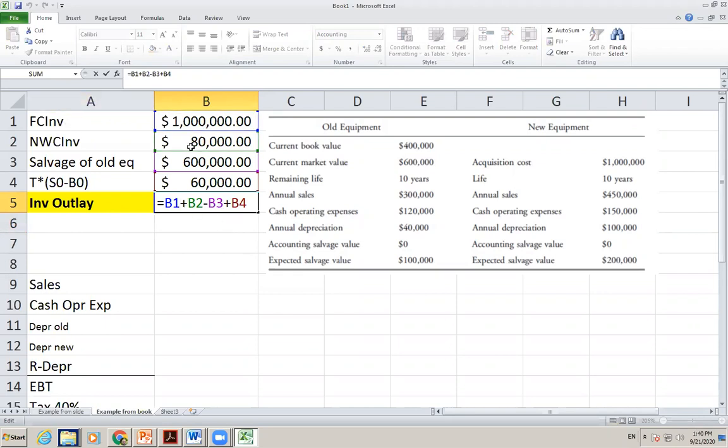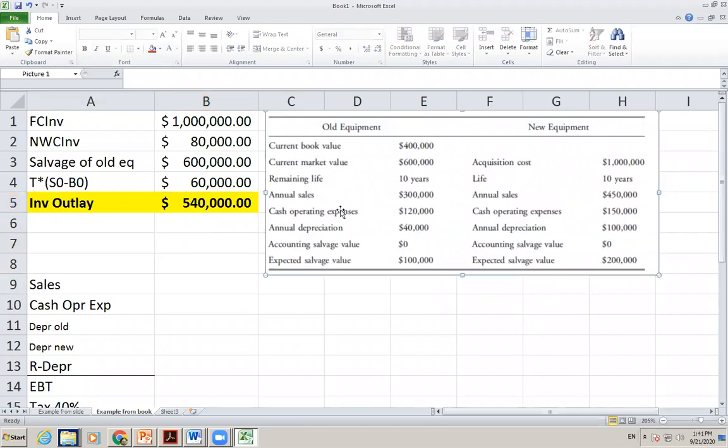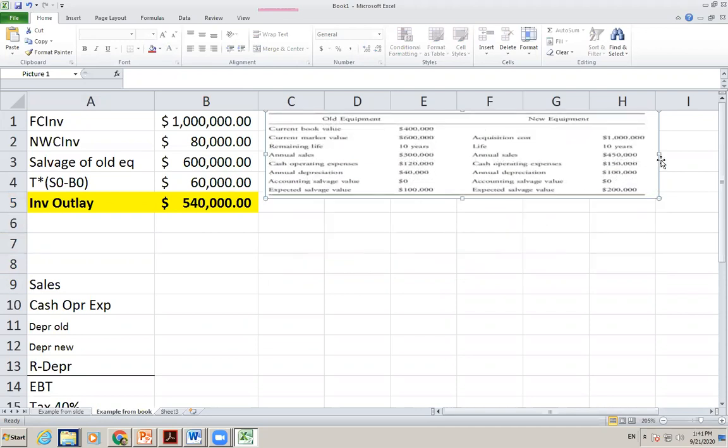Investment in fixed capital plus investment in net working capital minus salvage value of old equipment plus the tax amount that has been paid to government when you sell the old one. It's a difference between the salvage value and the book value of the old equipment. So this is our investment outlay. So this information, we got it. Okay. Now let me make it smaller.